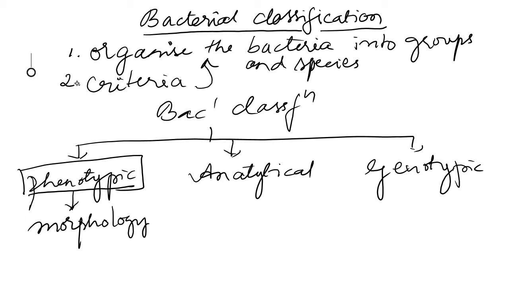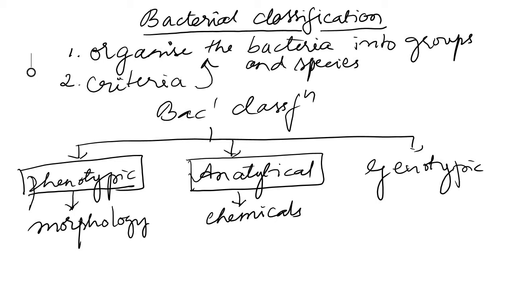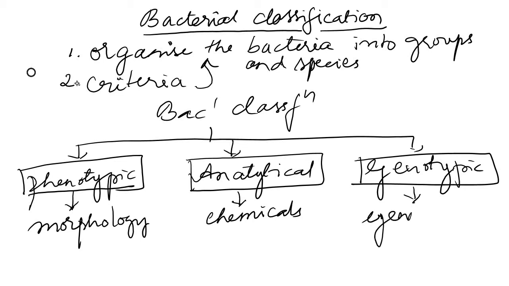Whereas the analytical classification is based on the chemical molecules present in it, maybe lipids, proteins, carbohydrates, and so on. And genotypic classification is based on the DNA or the genome, the nucleic acids present in it.